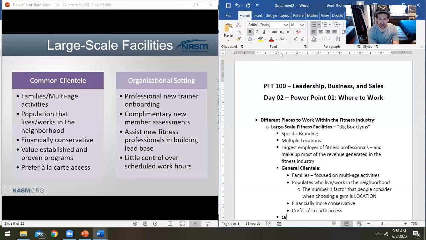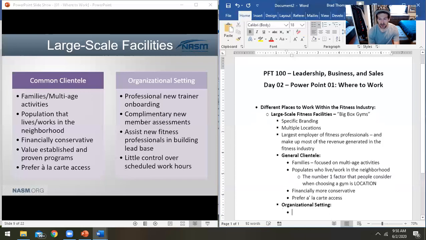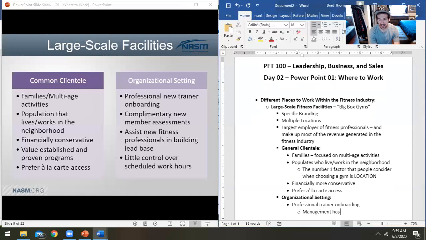Now, their organizational setting. Typically what they're looking for is professional trainer onboarding. What that means is management has been through extensive training for how to onboard new employees.